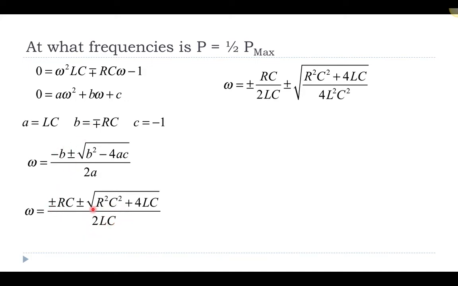And the bottom is 2LC. I have just factored that out in this next piece up here, and I've also moved it under the square root by squaring those components.